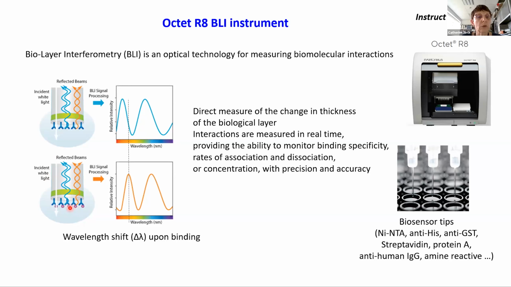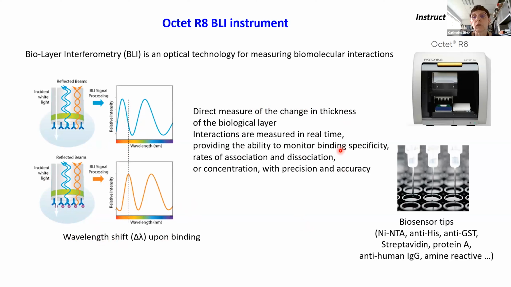And if you have an interaction, this will cause a shift in the interference pattern, as it is shown here. And this wavelength shift measures the change of thickness of the biological layer here. So you can measure the interaction in real time.